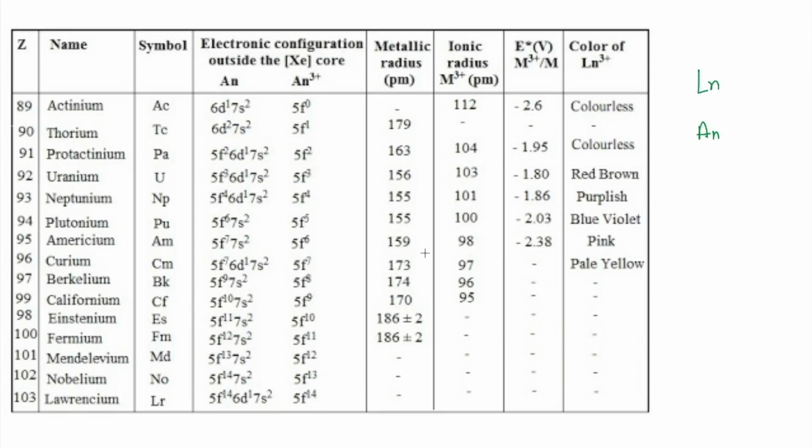Their metallic radii are decreasing, and the ionic radii are also decreasing because of the lanthanide contraction, which you will see here as well. These are the different reduction potentials and colors. The ones given as a dash do not exist naturally; they have been prepared by artificial means, produced by nuclear reactions, so that's why they do not have any color.